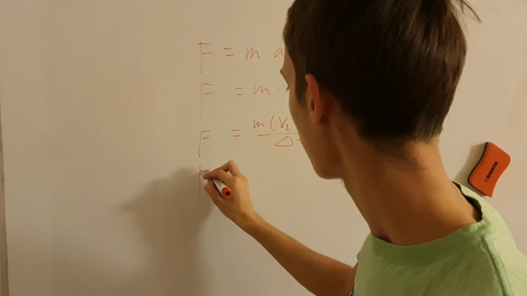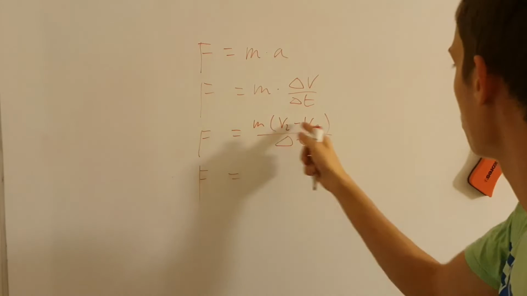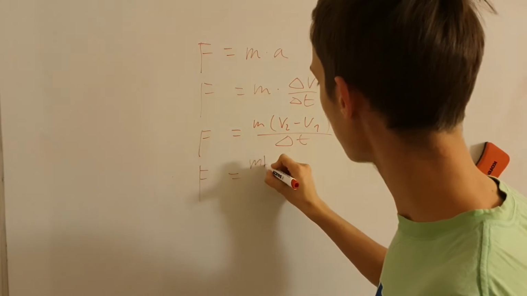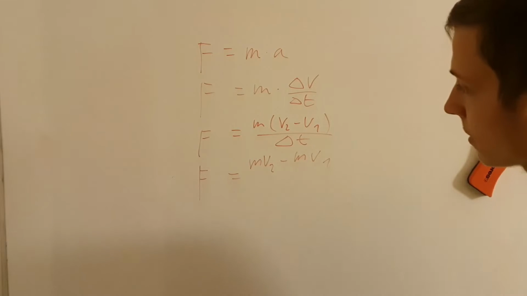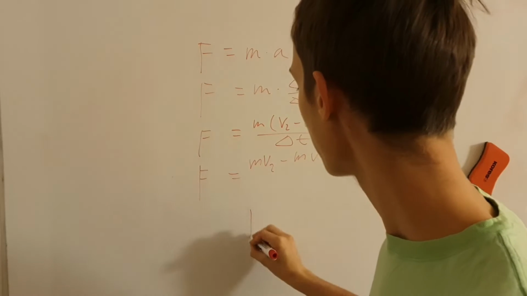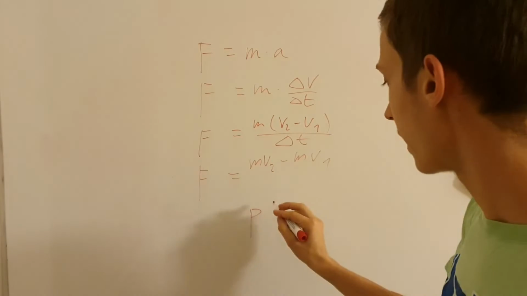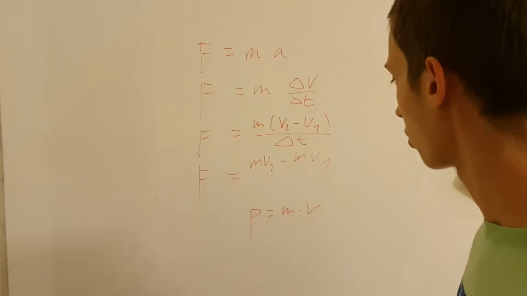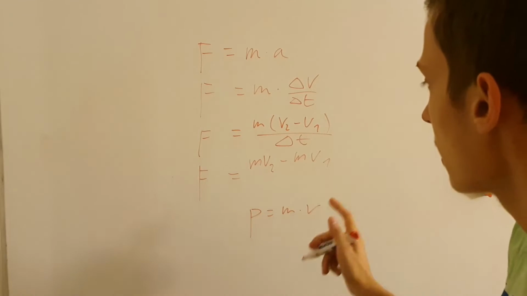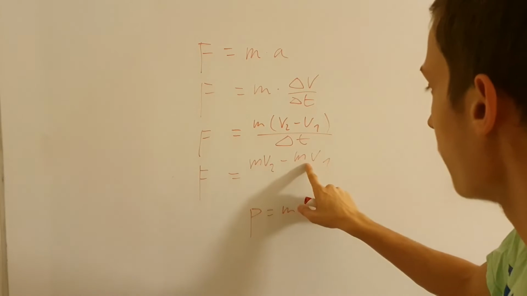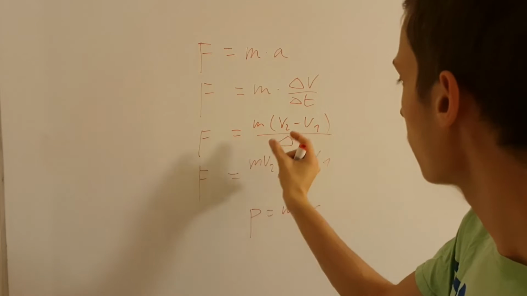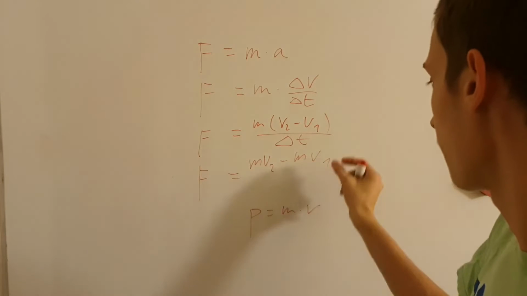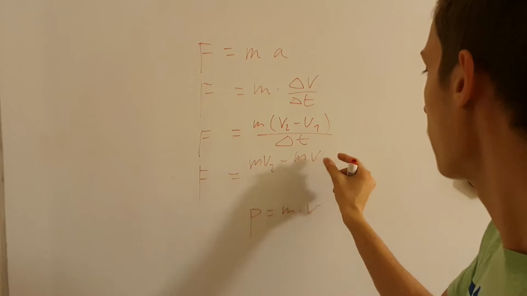And the basic idea here is that I can distribute the m, and I can see m times V2 minus m times V1. By the way, momentum is denoted as P, and it is equal to m times V. So now I see clearly that there's mv here, there's another mv here with different v's, which says this is the momentum with V2, the final speed, and this is the momentum with V1.